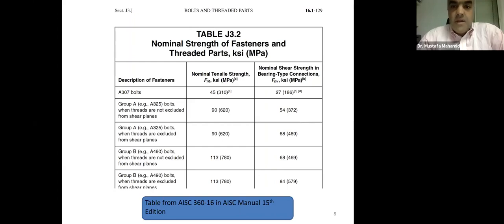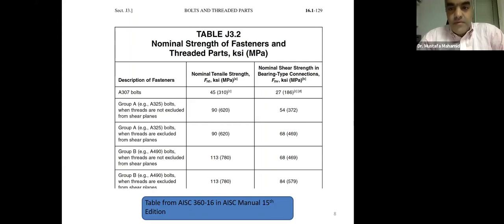And of course, to get the capacity in kips, this should be multiplied by the bolt area. Whether the threads are included or excluded in the shear plane is accounted for, as you can see in the table.